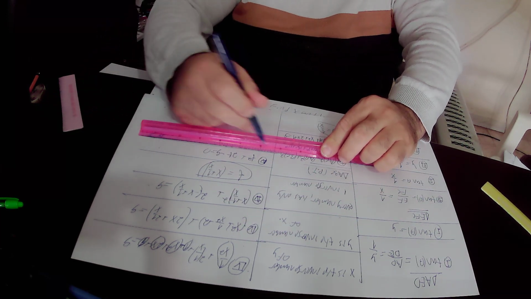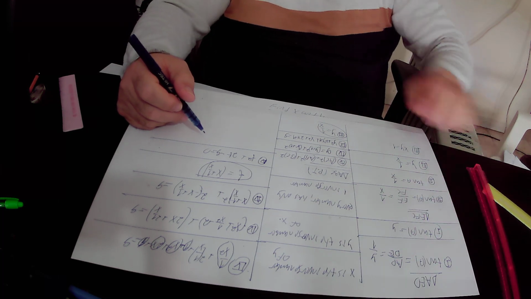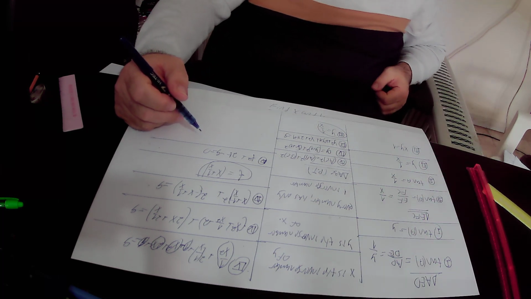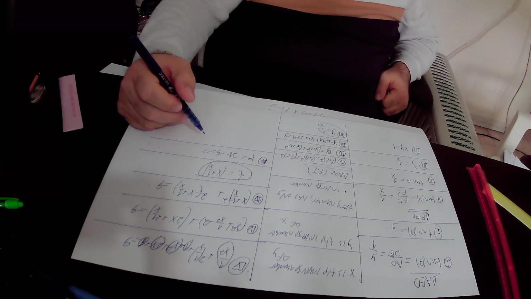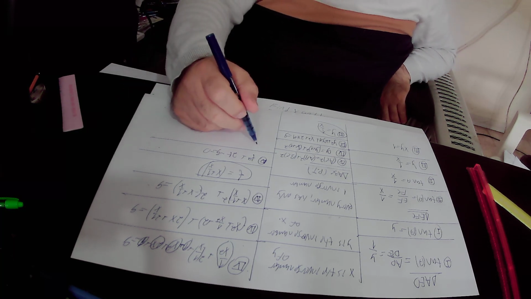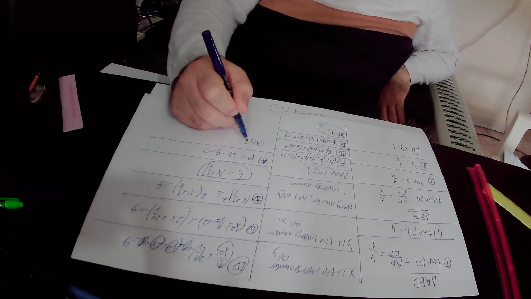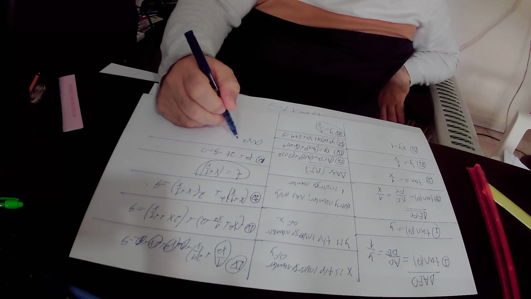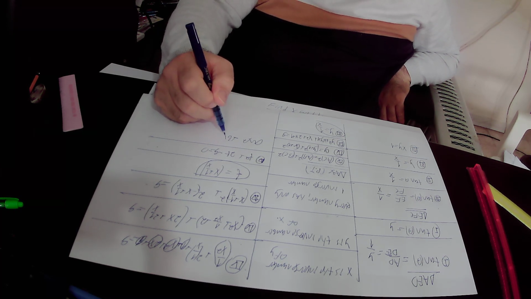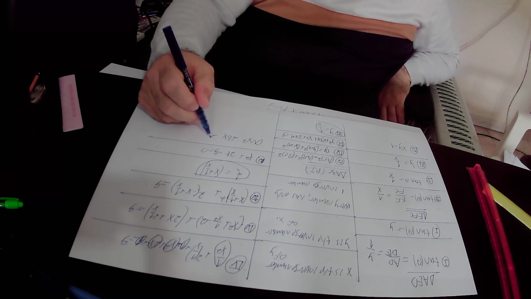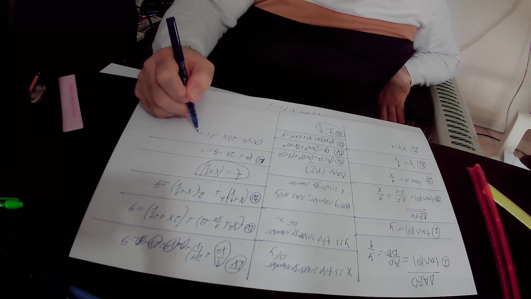So we have here a quadratic equation, and the general formula for a quadratic equation is ax squared plus bx plus c equals 0.